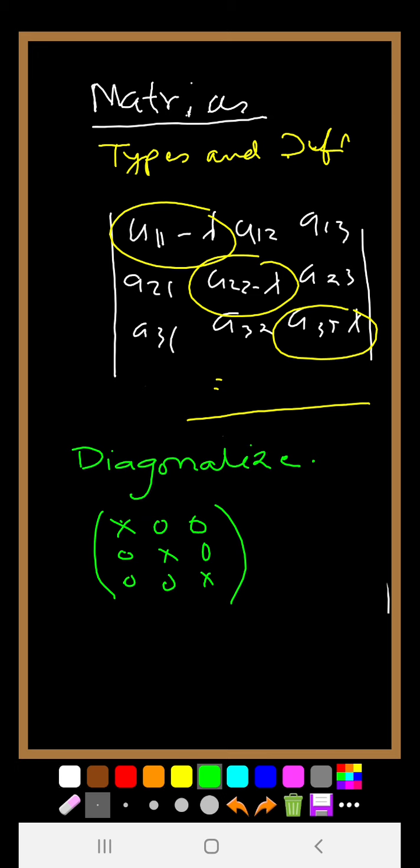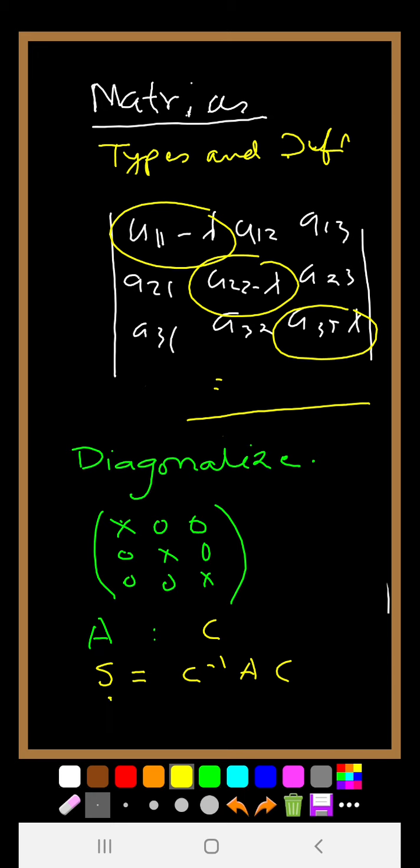How do we do it? Say we have a matrix A and we need to diagonalize it. So we find a matrix C such that a diagonal matrix S is equal to C inverse AC.